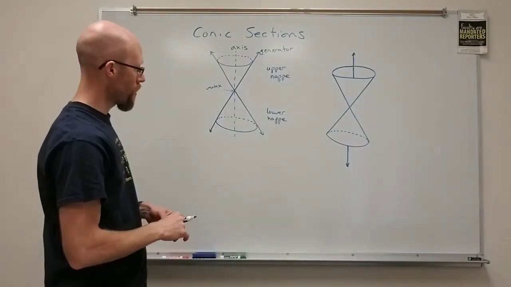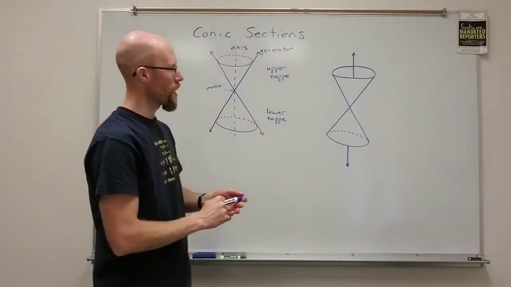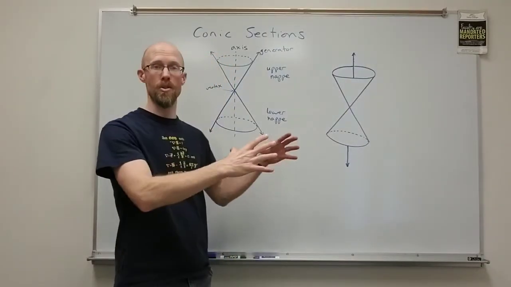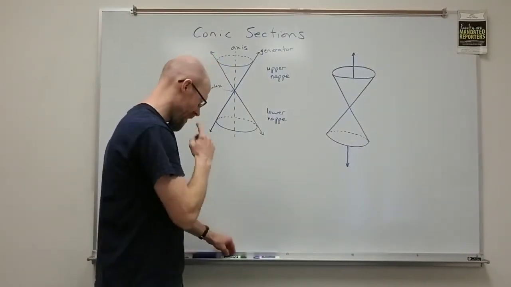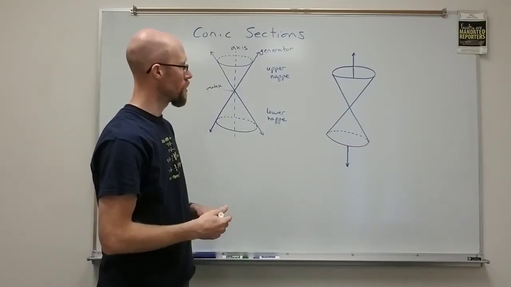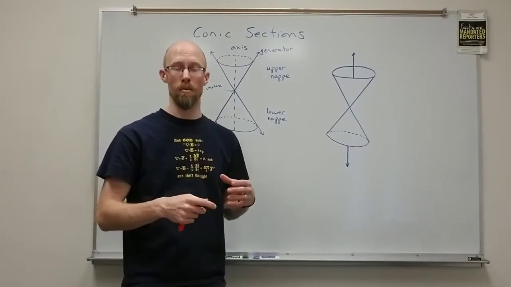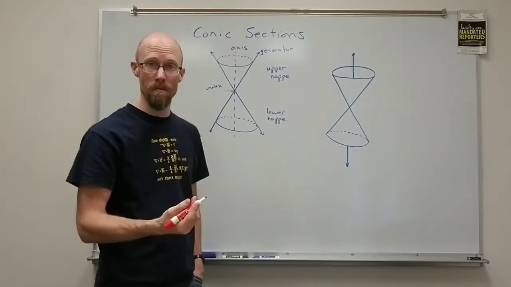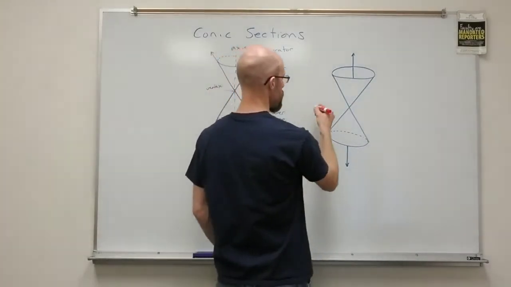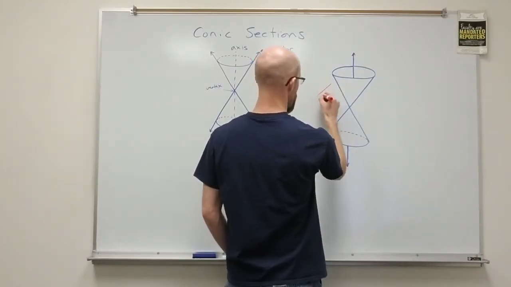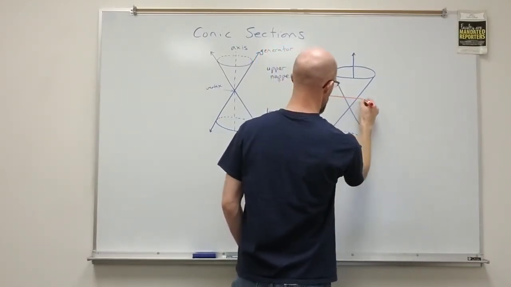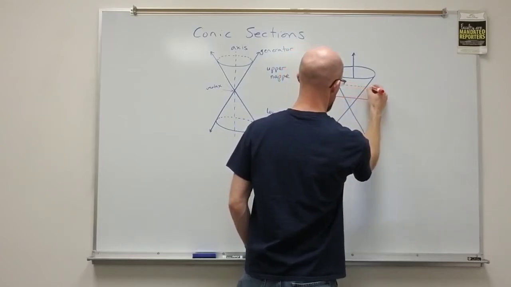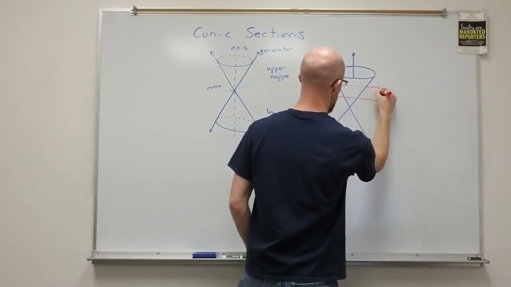And so now if I were to intersect that cone with a plane, like a sheet of paper, but that also is infinite in size, the intersection would be different shapes. One such shape is a circle, and that's by intersecting a cone with a plane that is perpendicular to the axis.